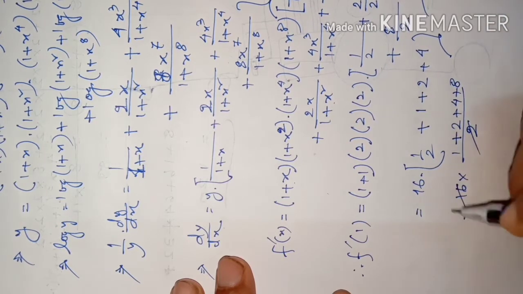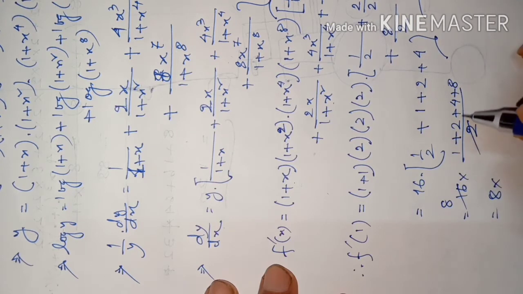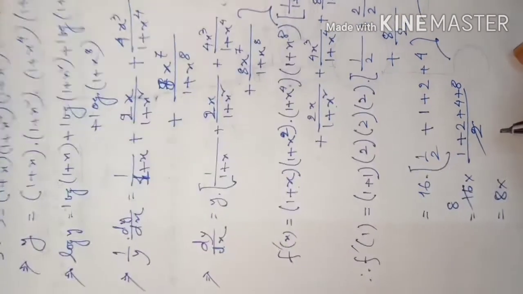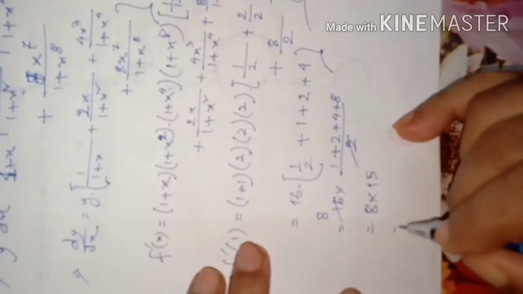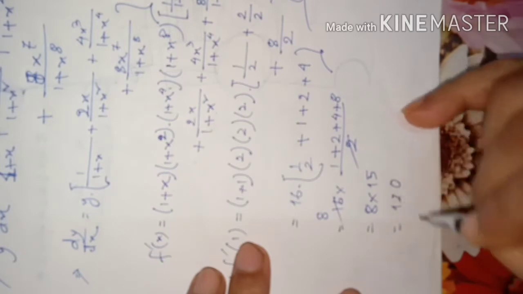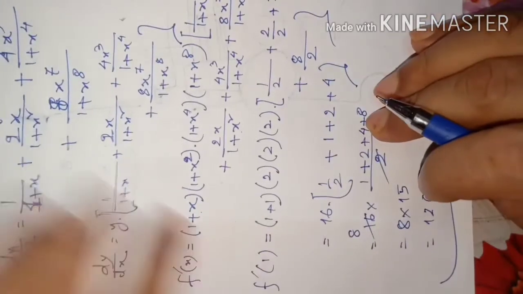By 2 you can cancel this one 8 times. So it will be 8 into 15, that is 1 plus 2 is 3, 3 plus 4 is 7, 7 plus 8 is 15. 8 into 15 is 120. This is our answer. Okay students, this is the final answer for this question.